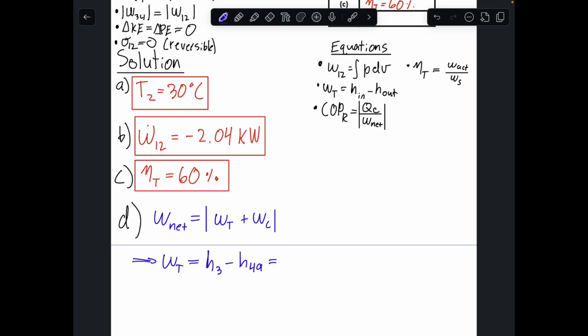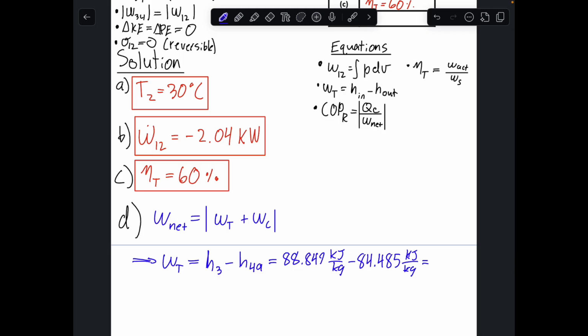And this was equal to 88.849 kilojoules per kilogram minus our H4A, which was 84.485 kilojoules per kilogram.